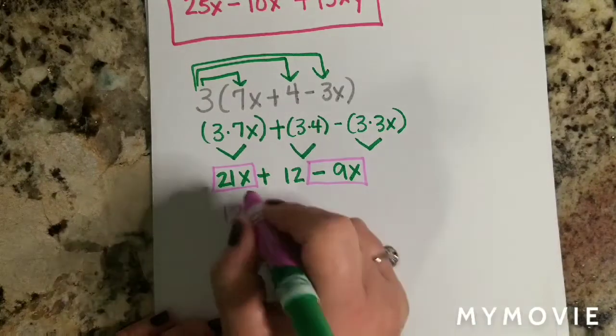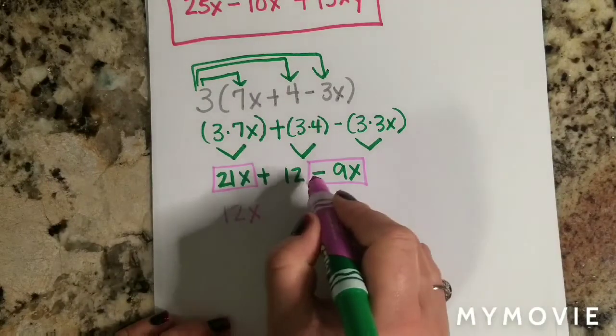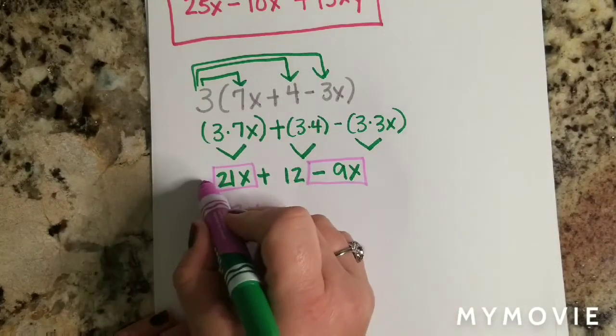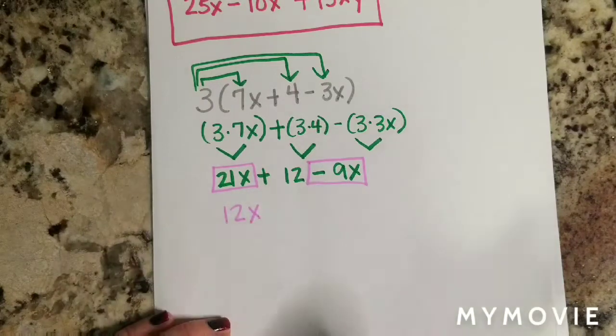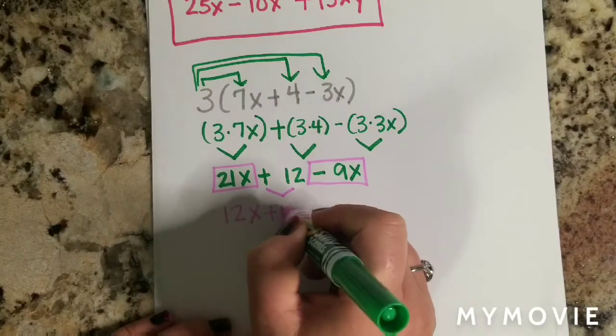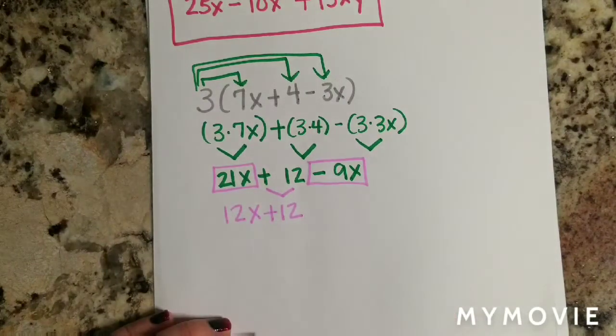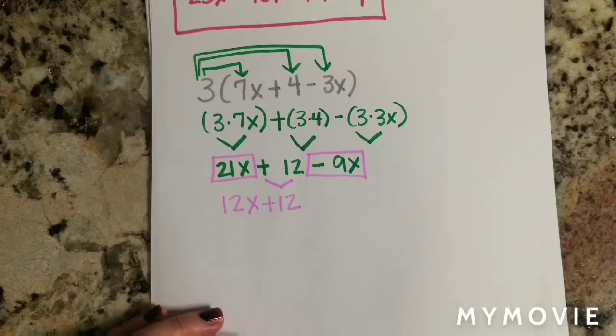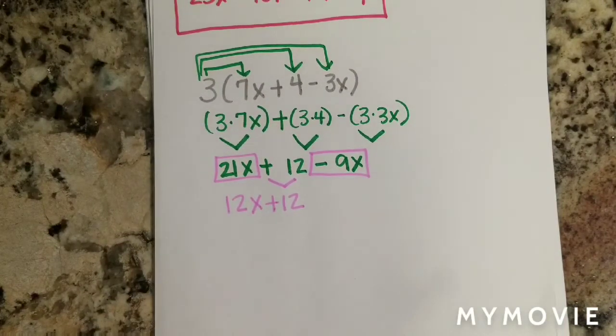Just 12? No, 12x. And my largest absolute value is positive, so it would be positive 12x. And then I would just bring down my positive 12. 12x plus 12 is as simplified as you can go. So I hope you got 12x plus 12.